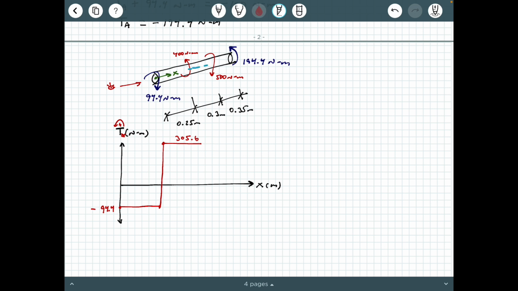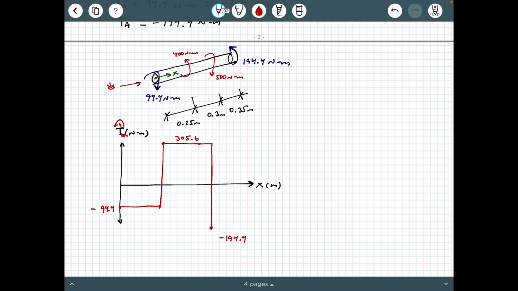And then we stay constant for 0.3 meters, okay? So for this 0.3 meters, we're staying constant. And then we encounter this 500 Newton meters that's going clockwise based on this viewpoint. So I'm going to subtract that, and that's going to push me back down to a negative 194.4.